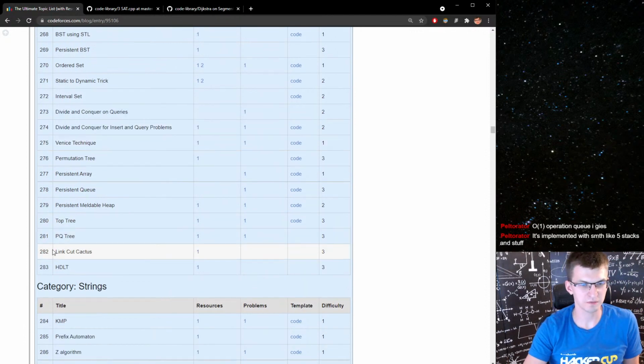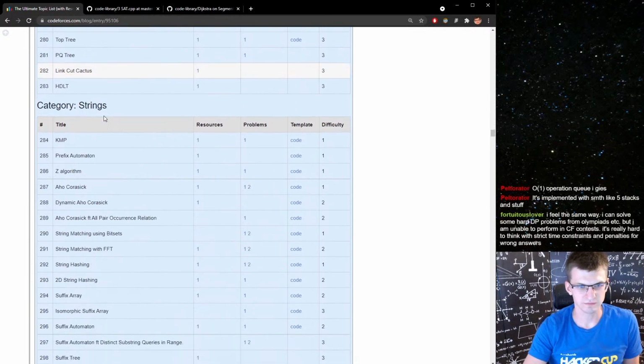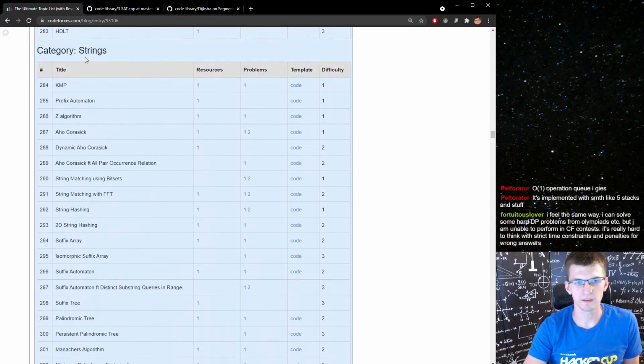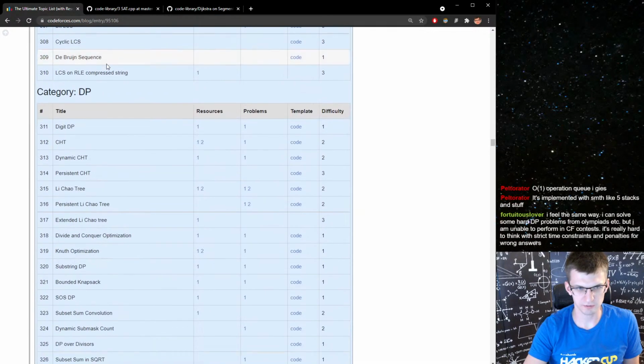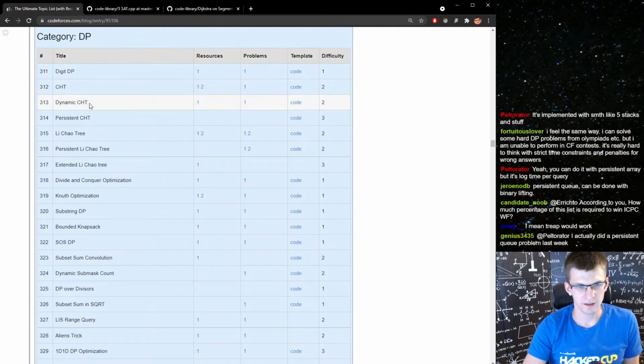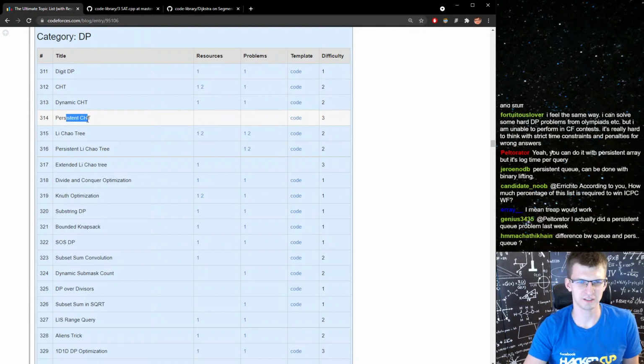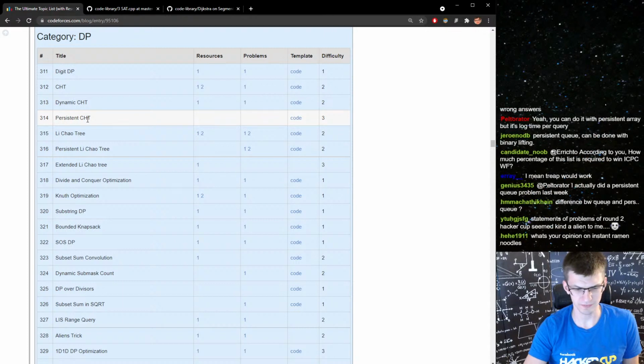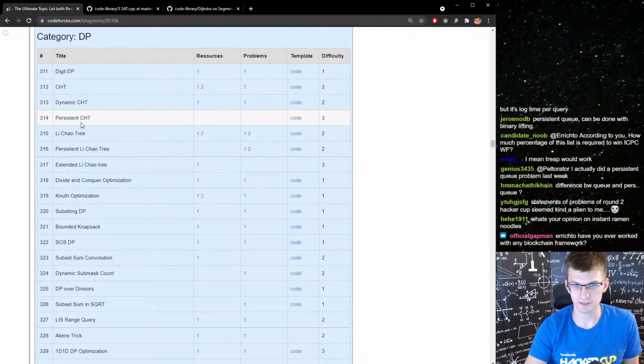I don't know linkage. Category strings. I'm skipping this one. DP. Okay. How much stuff here? I don't know. Persistent convex hull trick. What do you mean persistent convex hull trick? So does it boil down to persistent convex hull? Can I do persistent convex hull? I know how to do fully online convex hull. Does it help?